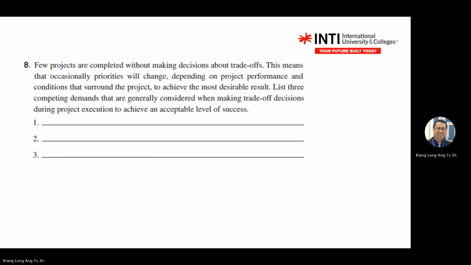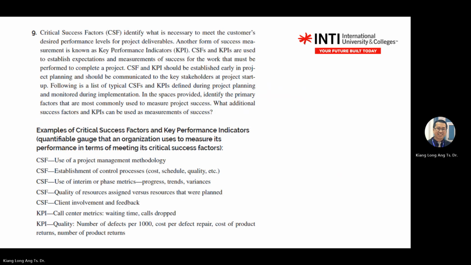Generally considered during trade-off decision, list 3. So you can put these 3, or you can put customer requirement here. This one is inside the PM book. So this one is CSF. What is CSF? Go and read.